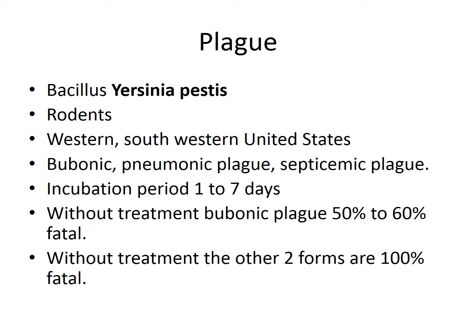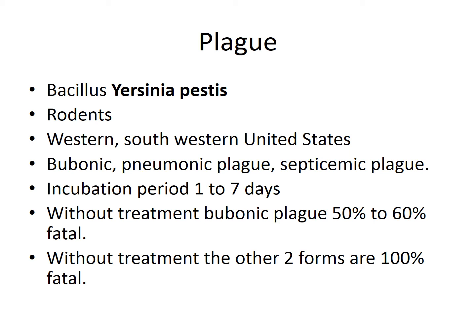The bacillus is Yersinia pestis. It's transmitted primarily through rodents, and you do see the plague in western and southwestern United States as well as third world countries throughout the world. And there's really three kinds of plague.